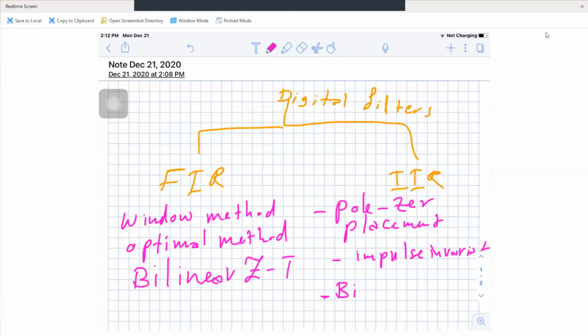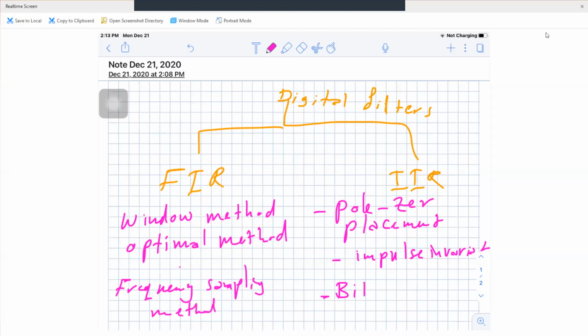Sorry, I made a mistake really here. Optimal method, and in the FIR, the other technique will be frequency sampling method.